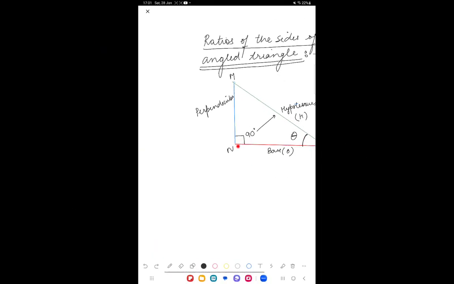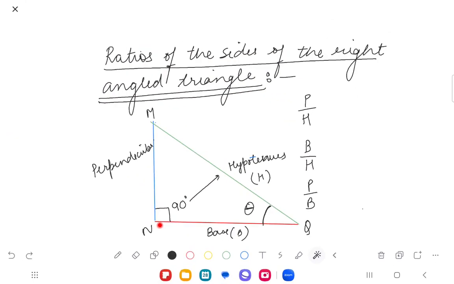Whenever the perpendicular is being decided, it is decided with regards to theta. The base is decided with regards to theta. And hypotenuse is always the fixed one because that's right in front of 90 degrees. What are you basically understanding?